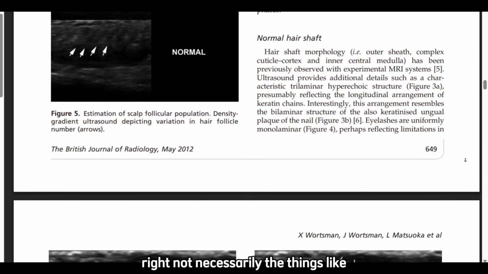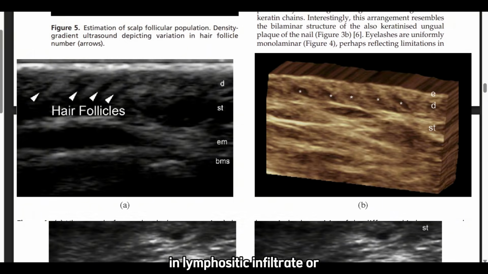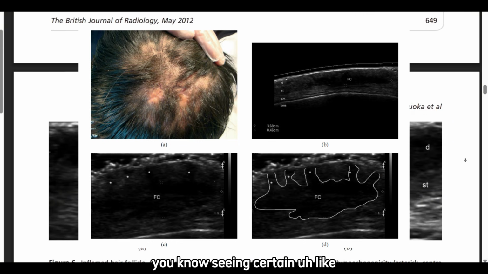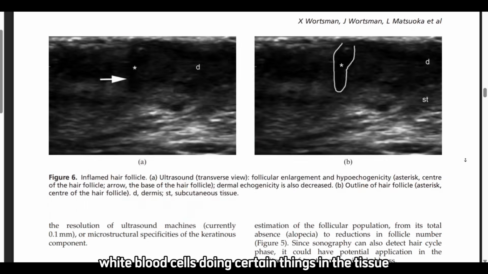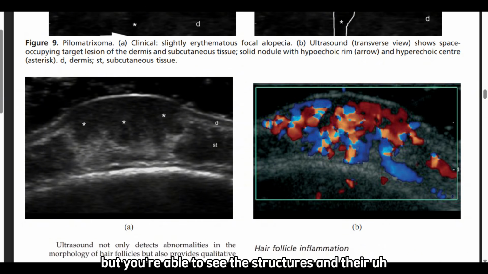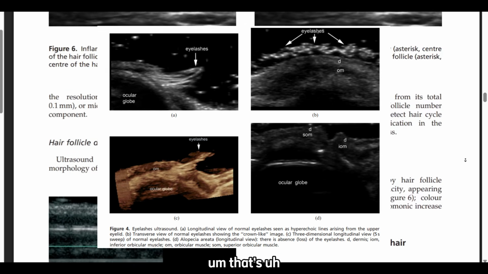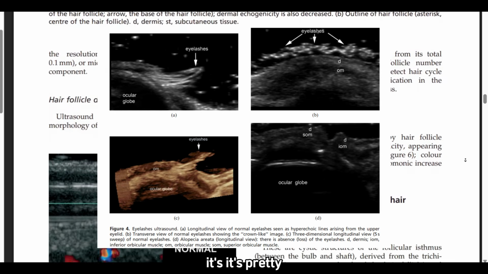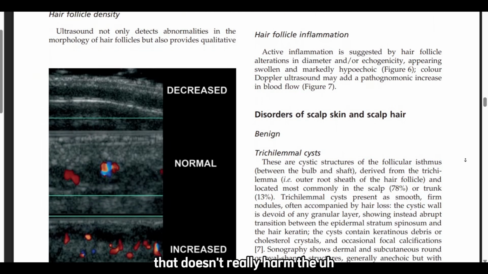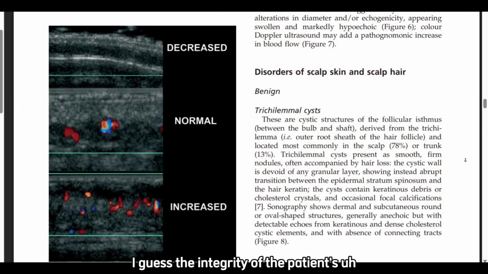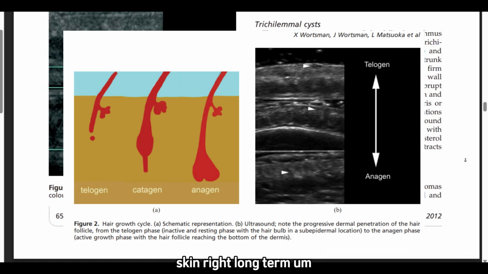Not necessarily things like potential lymphocytic infiltrate, or white blood cells doing certain things in the tissue, but you're able to see the structures and their changes. It's pretty cool because you have a reusability that doesn't harm the integrity of the patient's skin long term.